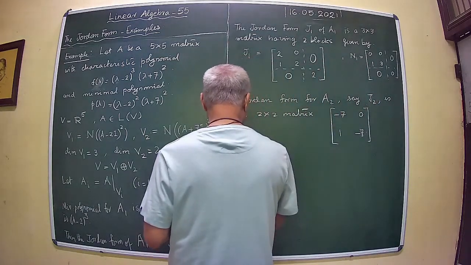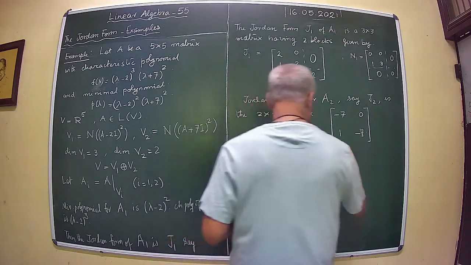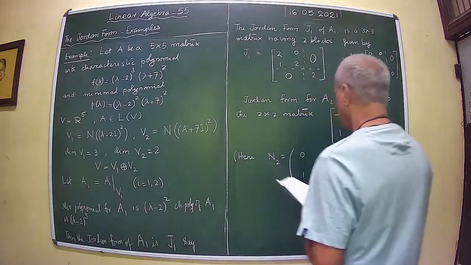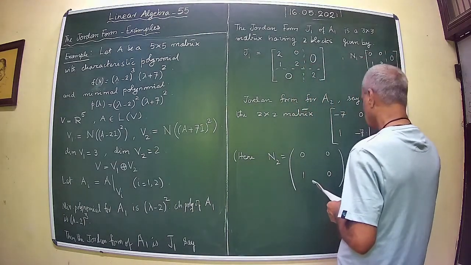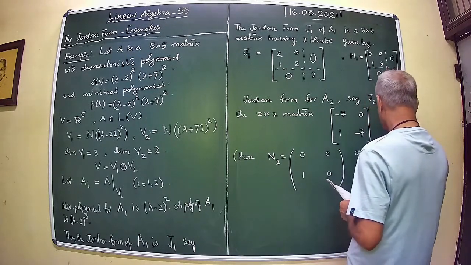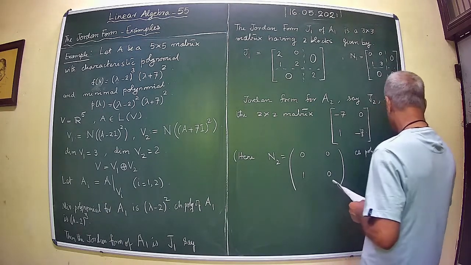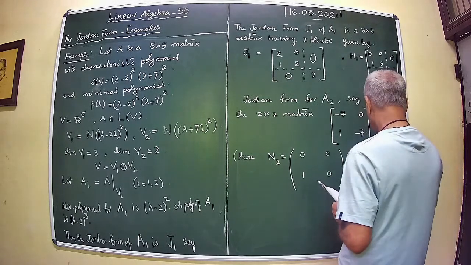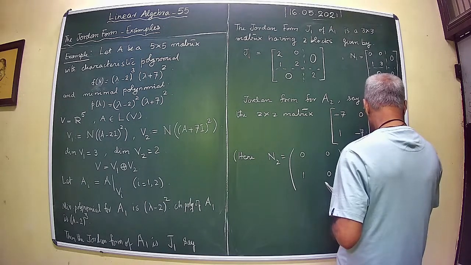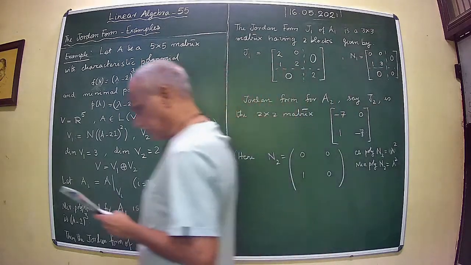So here N2 is given by 0 because the characteristic polynomial is lambda square.